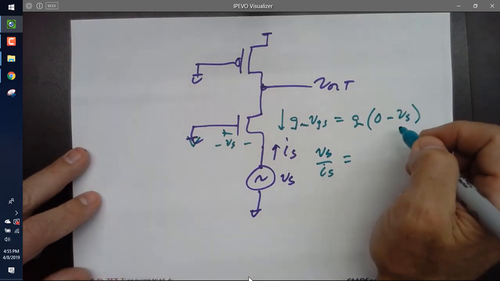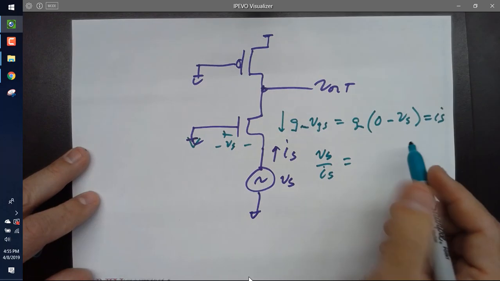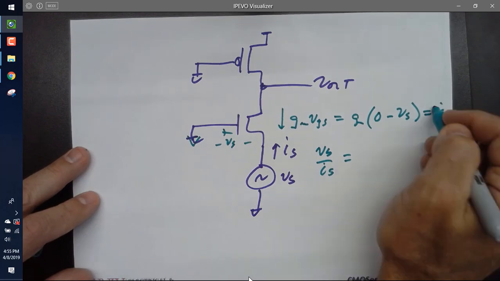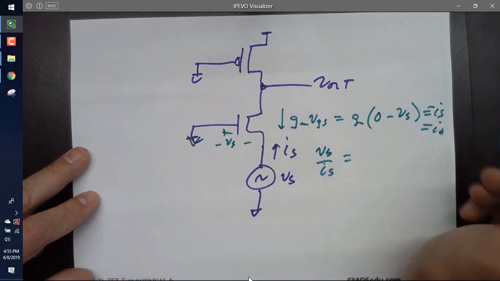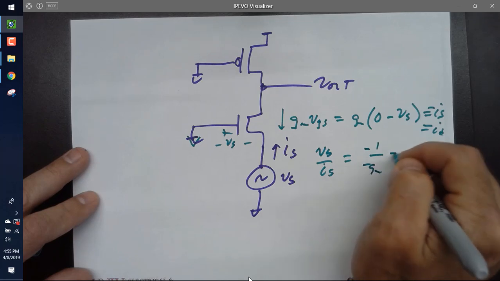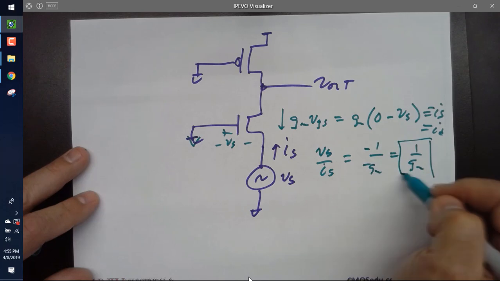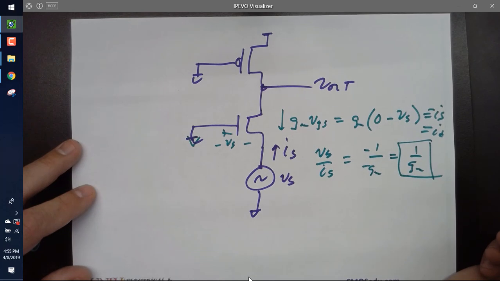So this is IS. If I define that, that's negative, right? Minus IS, yeah, which is ID. And I define that, I get minus 1 over minus GM, or 1 over GM. That's the answer I was looking for, but let's make it a little more complicated, shall we?